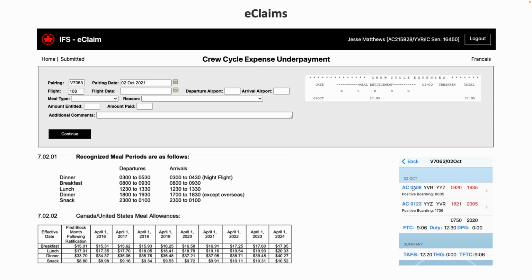Flight number you can find looking at Globe. In this case, flight 108 corresponds to the time that I should have gotten the lunch per diem. Flight date is October the 2nd as well. You can find that looking in Globe as well.